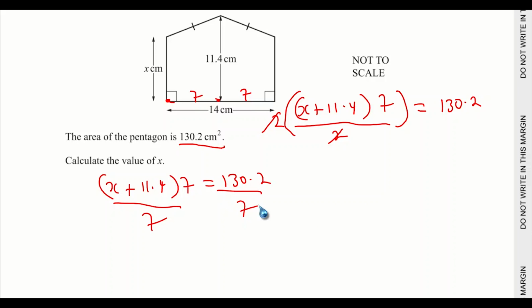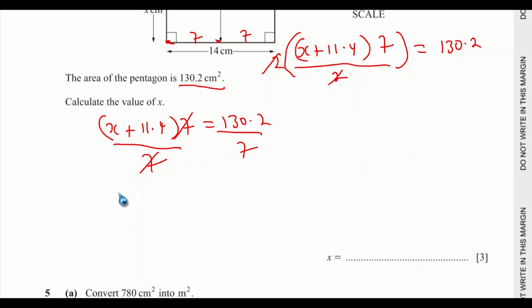I think that will be easier. So this cancels out this, and we are left with x plus 11.4 equals 130.2 divided by 7, which gives 18.6. So subtract 11.4 from both sides. So the value of x equals 7.2.